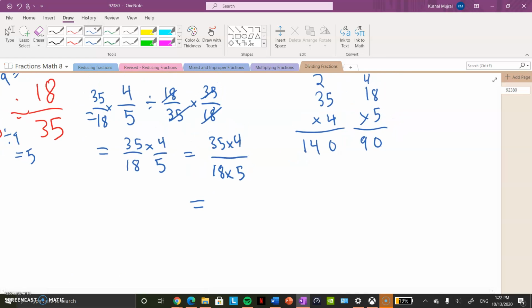This becomes 140 over 90, which is 14 over 9.